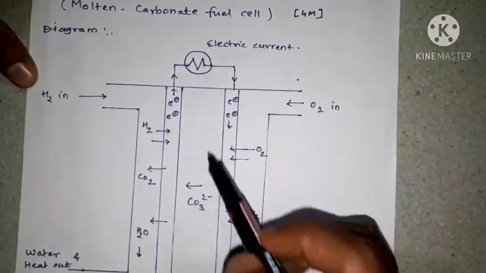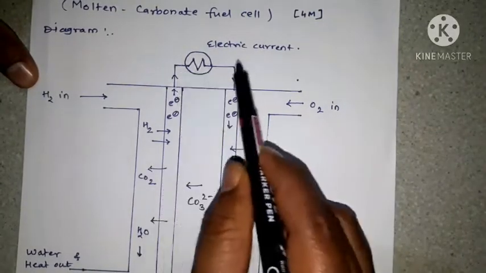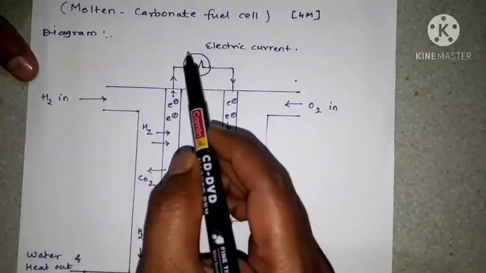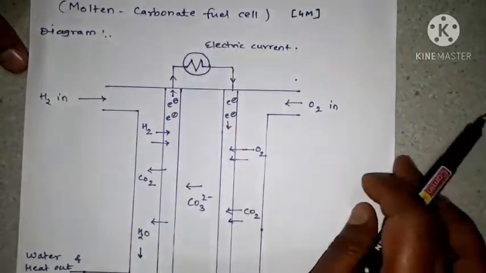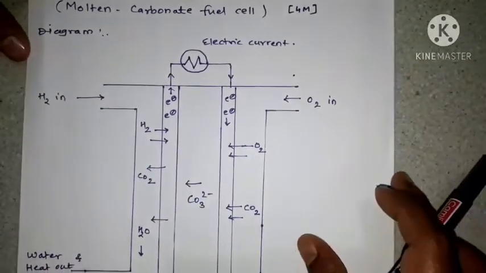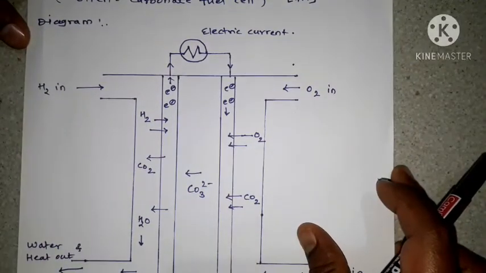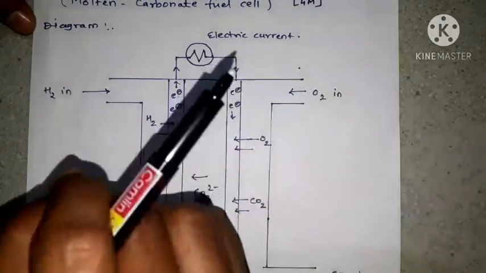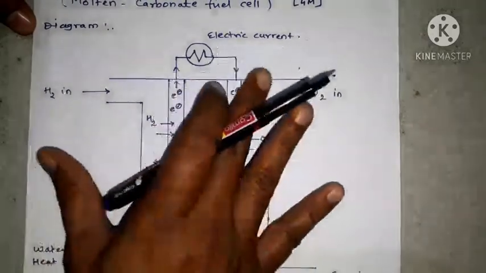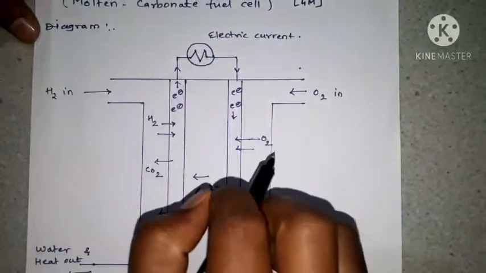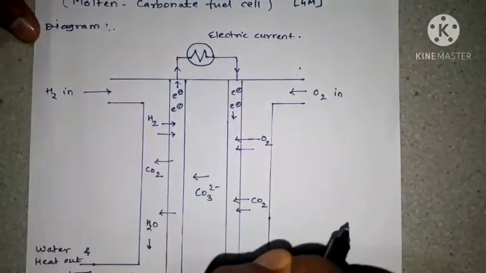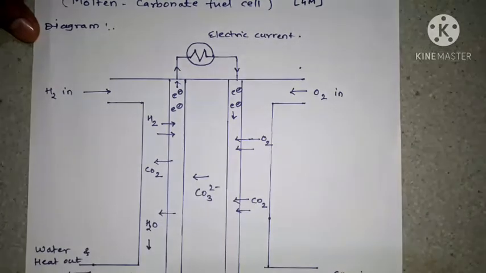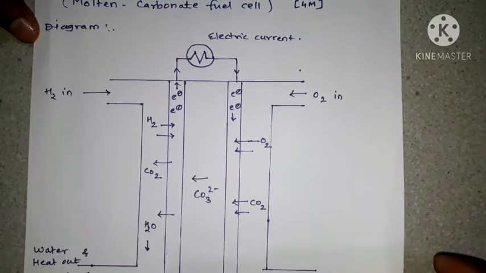Electric current is indicated here, and this electric current is provided by one battery. This one is the diagram of the molten carbonate fuel cell. It is for 1 mark, it will be asked in the exam.